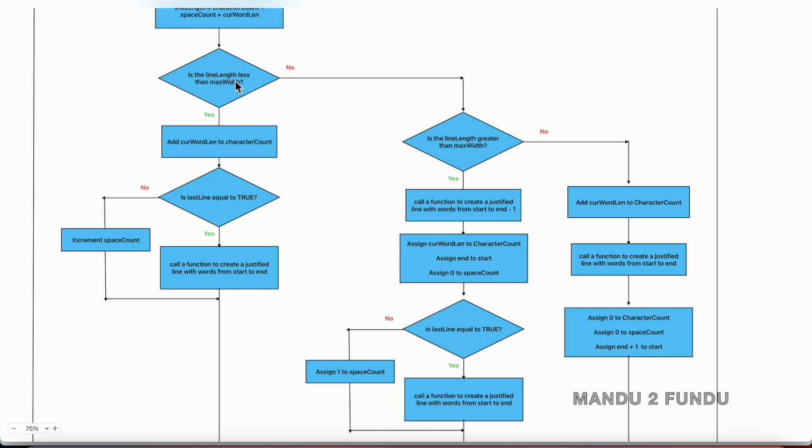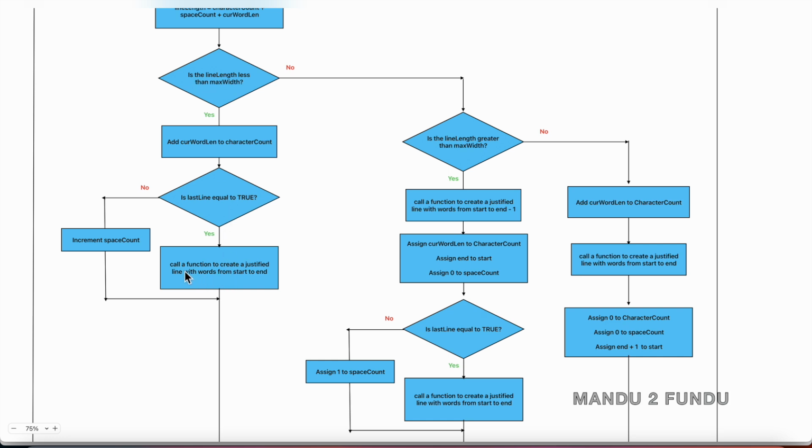In that case, we can safely include the current word into the window. Okay, so that's why we add the current word length to the character count. Then we check whether the last line equals true.